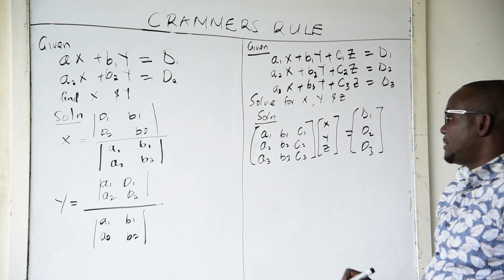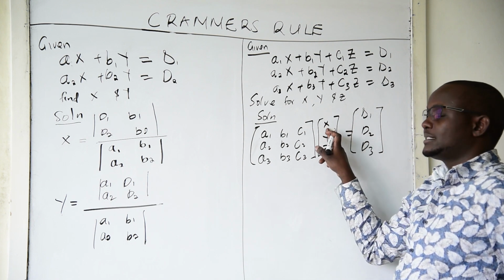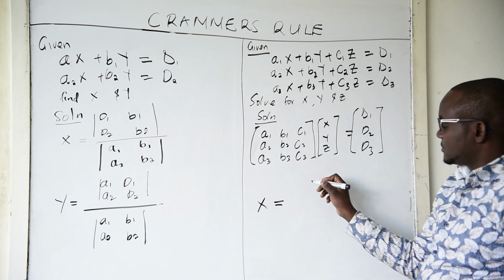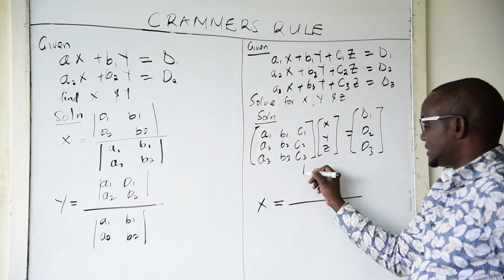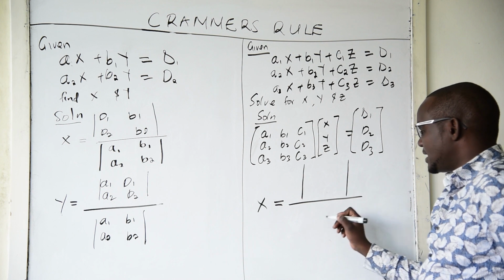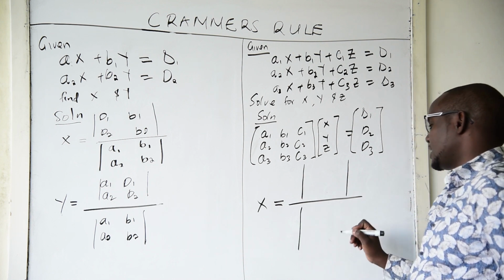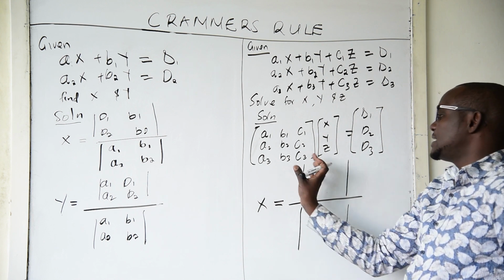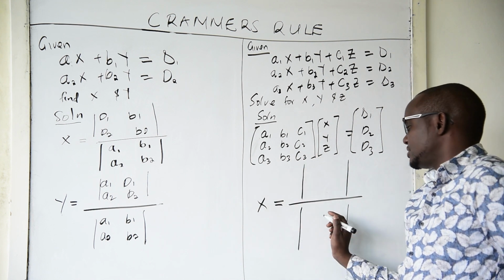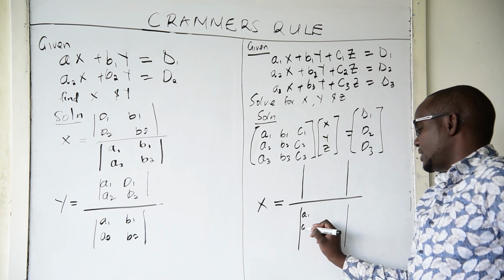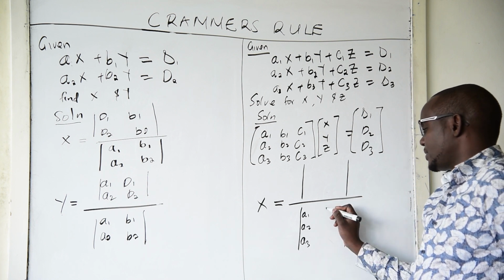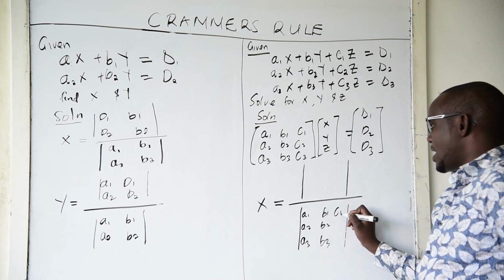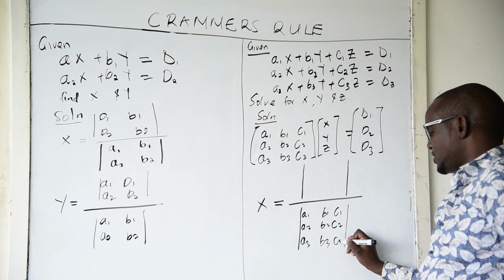So Cramers Rule argues that if I want to get the first independent variable, the value of x, I will have a numerator that I need to find the determinant of, and a denominator that I need to find the determinant of. The denominator is the initial matrix. So I have A1, A2, A3, B1, B2, B3, C1, C2, C3.